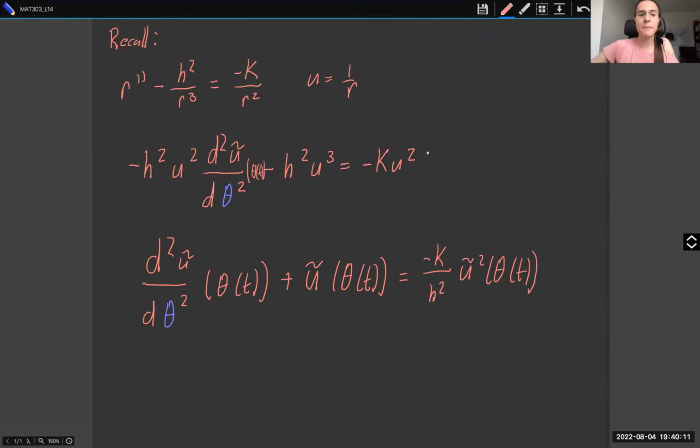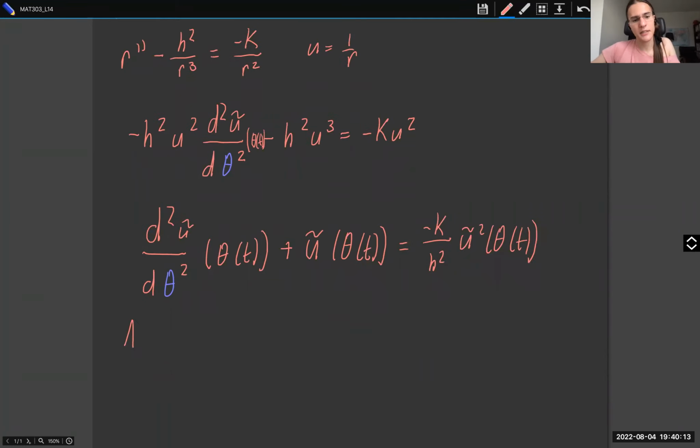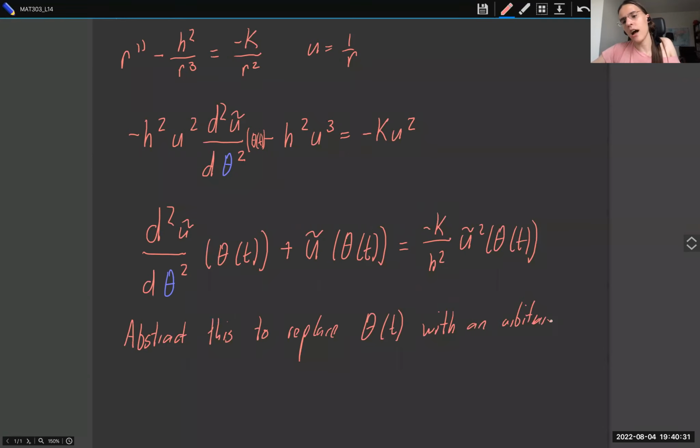Now abstract this. To replace theta of t with an arbitrary theta. Now theta is just going to denote some variable, not a function of t.